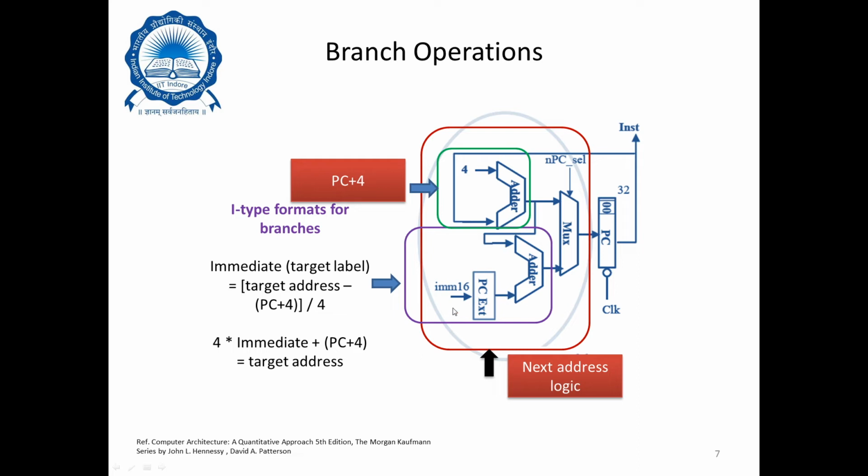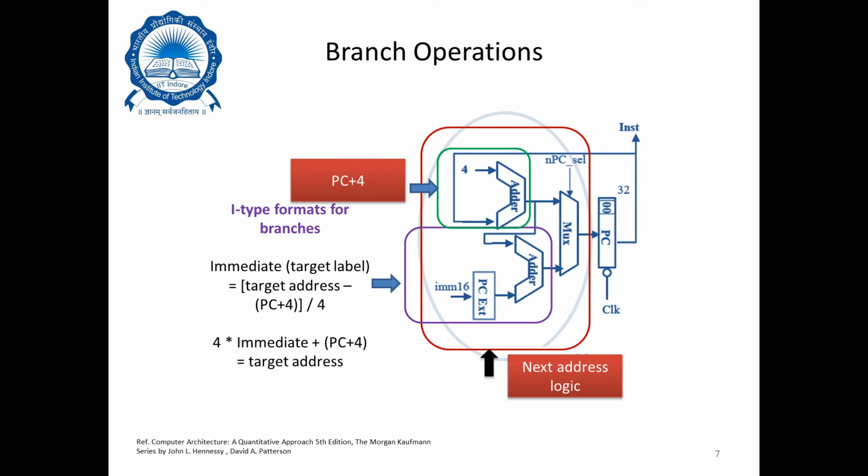So that 32-bit is the one that I'm talking about, this immediate field here, and this becomes PC plus 4. So these two are added to produce an output. One important thing to note here is that we have not really multiplied this immediate field with 4 after we do the extension, but there has to be another unit in the real data path that computes the shifting of that particular value by 2 bits to the left, so that we can achieve the formulation of 4 into immediate that we want.